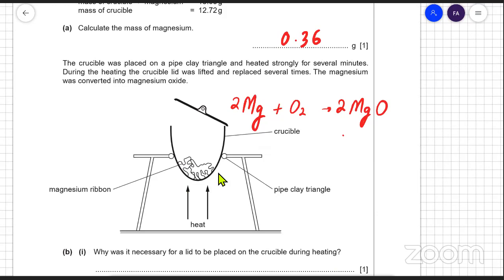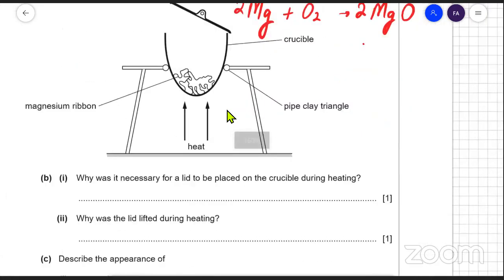Now, it's very important to place a lid on top of the crucible so that during heating, particles of magnesium don't fall out of the crucible, because remember, when you're heating substances, they hiss and crack, and there might be steam or some little amount of water present, and if that evaporates, things hiss and spit, which is why they might fall out of the container.